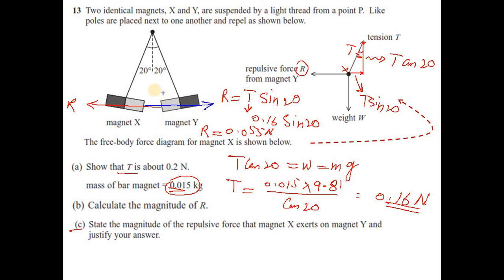And according to Newton's third law, both forces must be the same. So the force of magnet X on magnet Y is also 0.055 Newton due to Newton's third law.